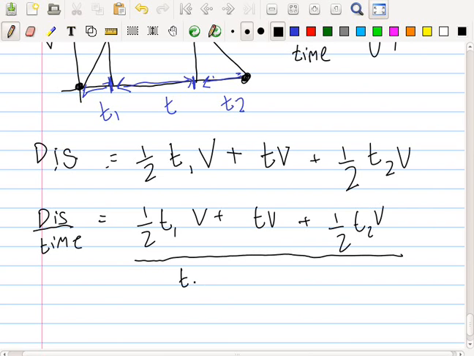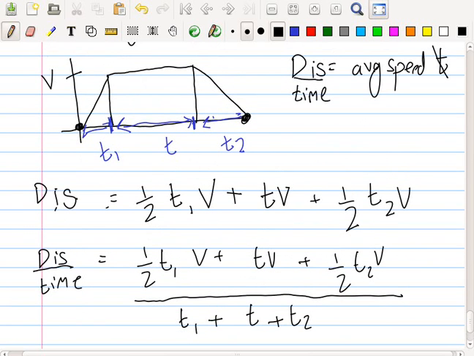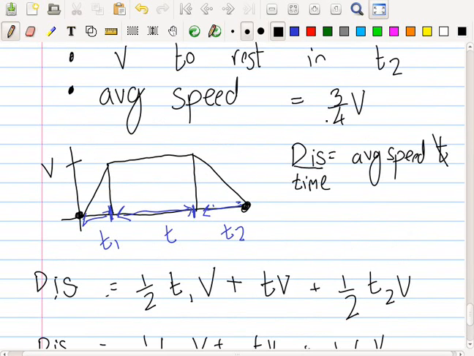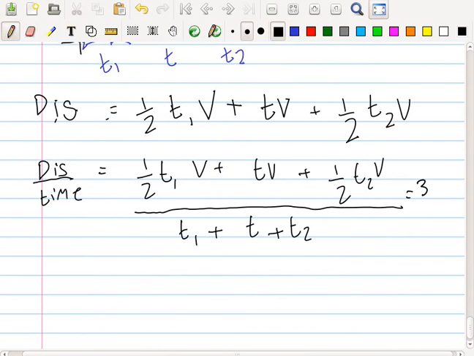T1 plus T plus T2. So the distance over the total time, what did we say that is? That's the average speed. And I tell you the average speed is 3/4 V. Now that's good because what happens to the V's? These all cancel.